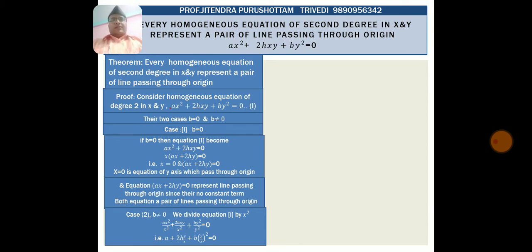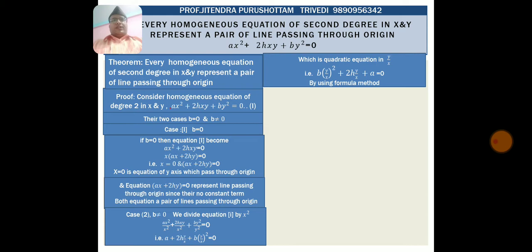For that, dividing equation 1 by x², we get ax²/x² + 2hxy/x² + by²/x². Then we get a + 2h(y/x) + b(y/x)² = 0.